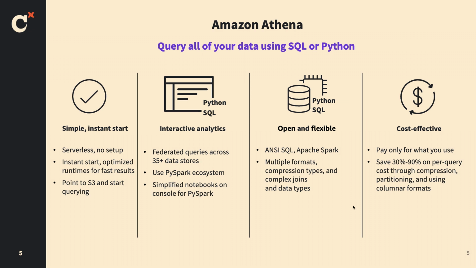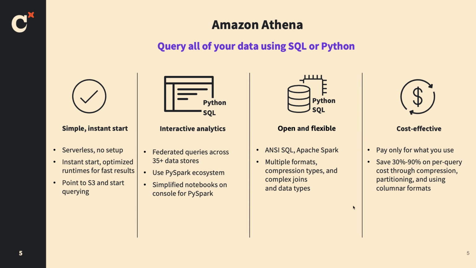So you can use Athena to build interactive and advanced analytic applications, not just using SQL, but also with Python. Amazon Athena has a Python offering and a Spark offering as well, where you can use these services and connect your data that is on-premise or also living somewhere in your other database using connectors. It's open and flexible.